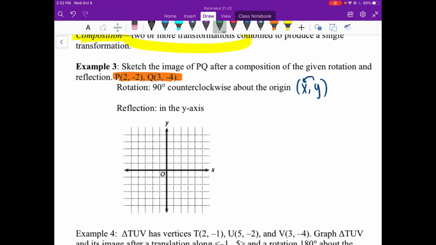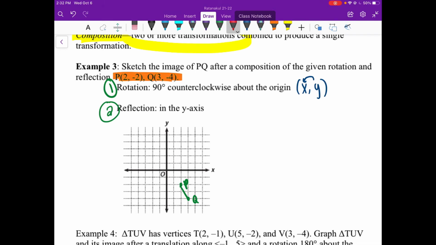We are given a segment PQ, so we're going to go ahead and graph that. So here's my segment PQ. We first want to do a rotation 90 degrees counterclockwise, and then we're going to reflect in the y-axis.